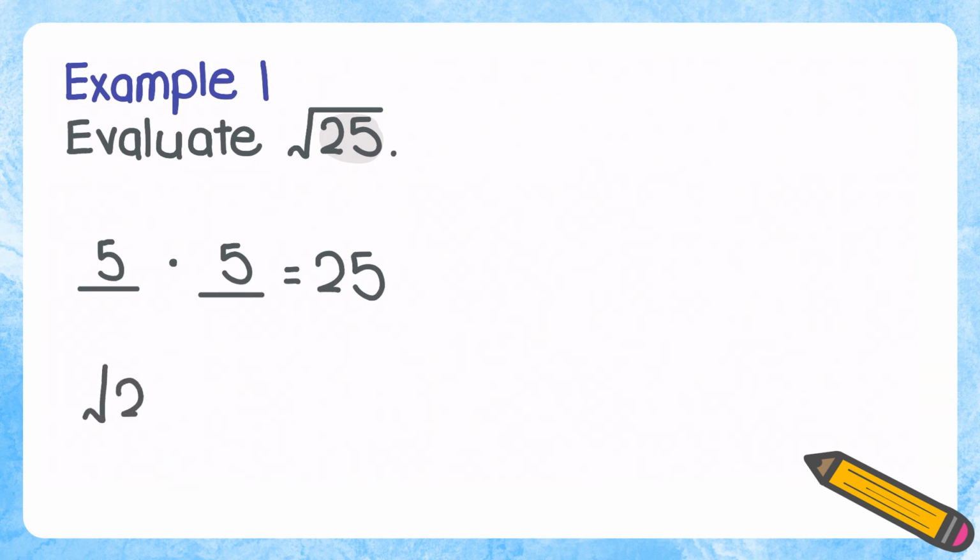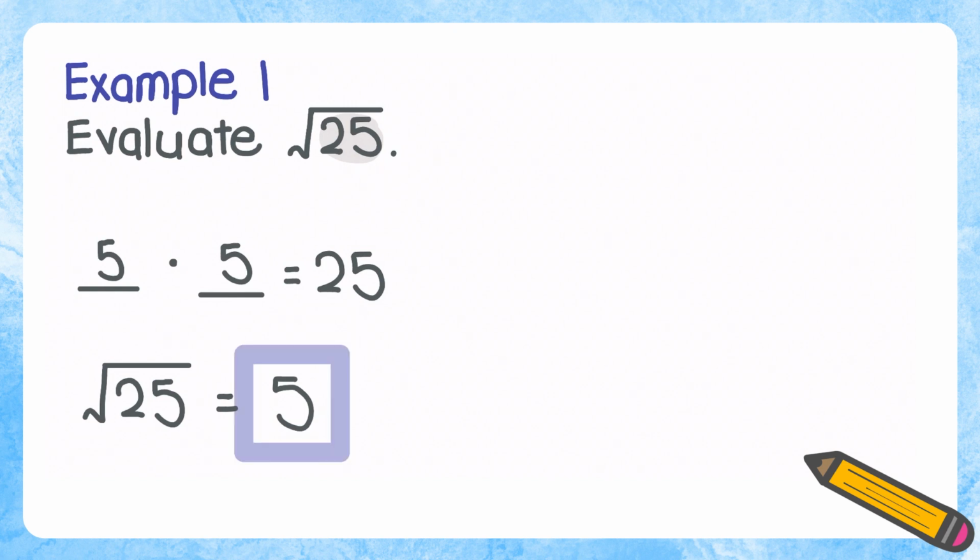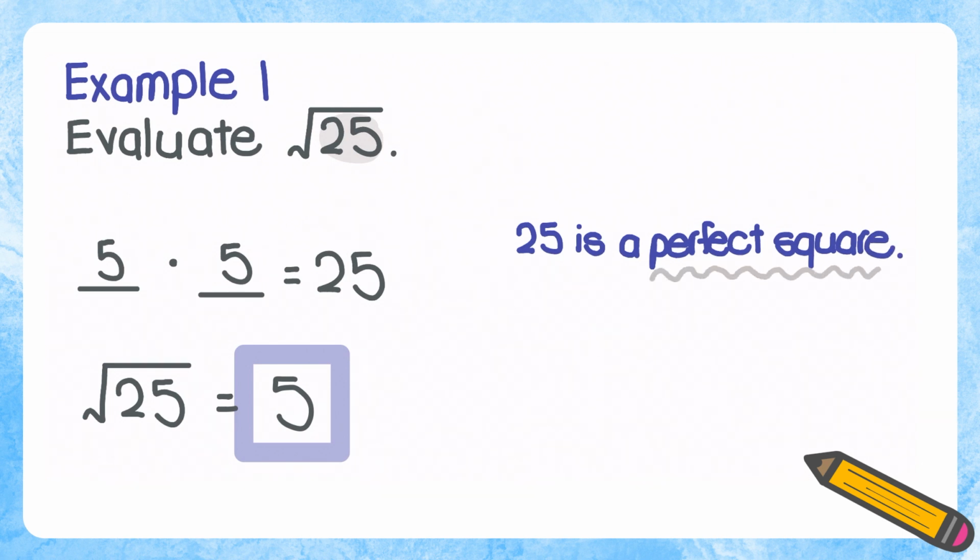So this means that the square root of 25 equals 5. And notice how we were able to find an exact value for the square root of 25. 25 is actually called a perfect square. A perfect square is simply a square of an integer. But this is just some extra information for now.